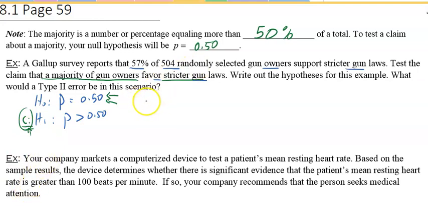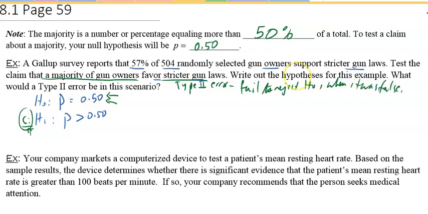Now, when it says, what is a type 2 error? Type 2, if you remember, is normally when you fail to reject the null hypothesis when it was false. So the null hypothesis was false and you did not reject it.